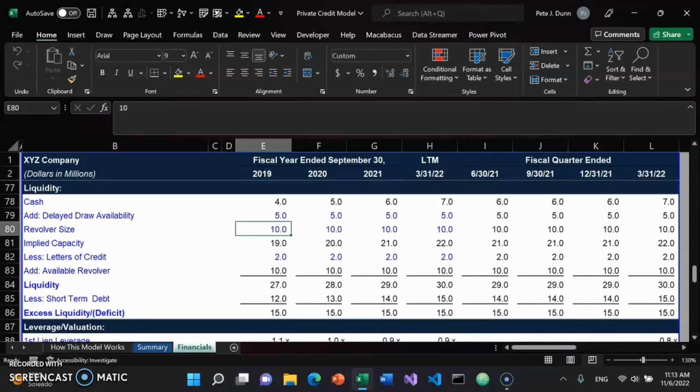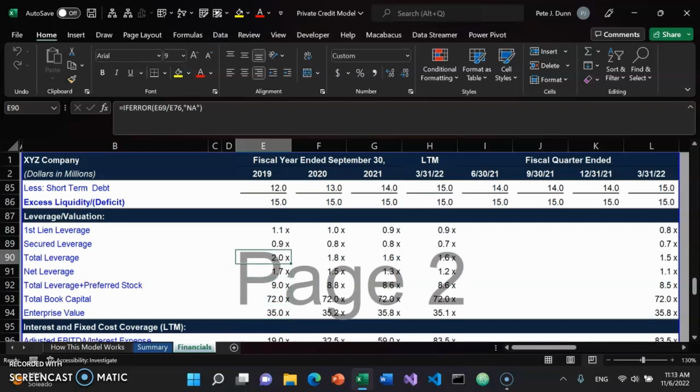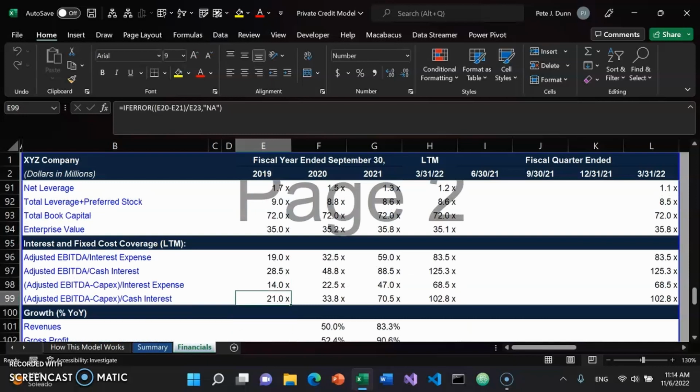Then we get into some analysis of liquidity related to cash, the revolving credit line, and so forth. And then various leverage ratios are also calculated. Finally, we look at interest and fixed coverage. So these are various EBITDA and CapEx to interest expense.